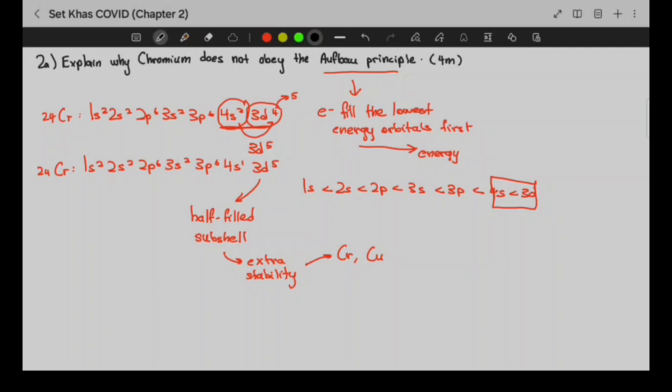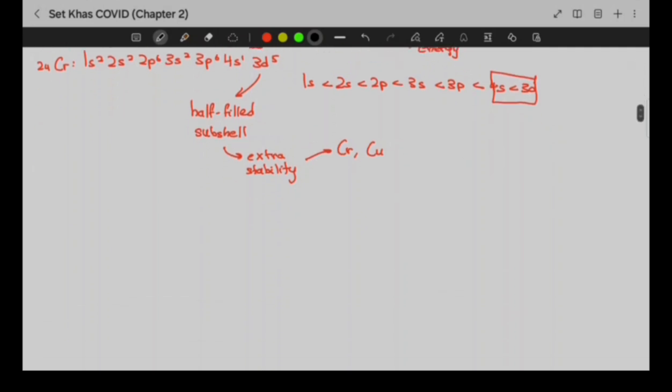There are 4 marks. You can get the first mark by just explaining the Aufbau principle.